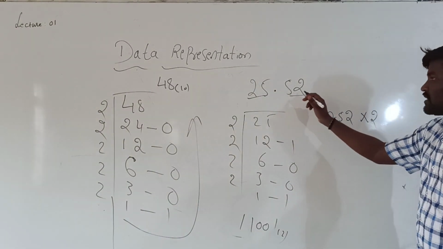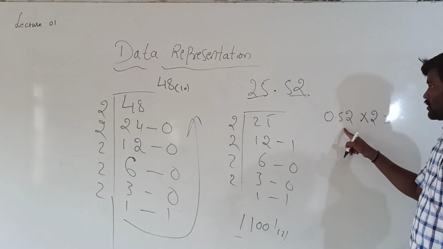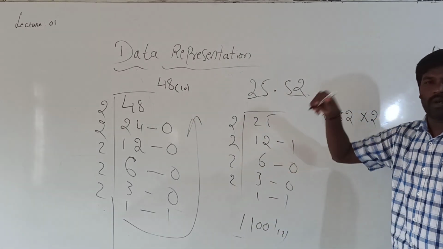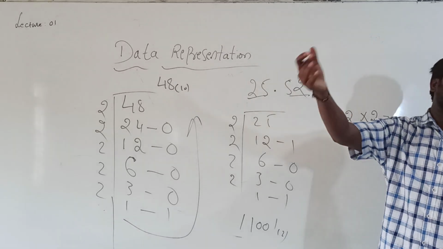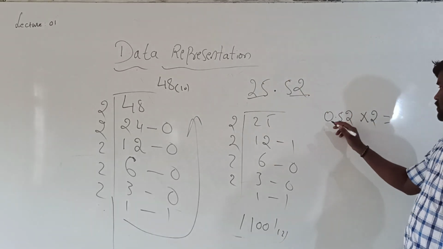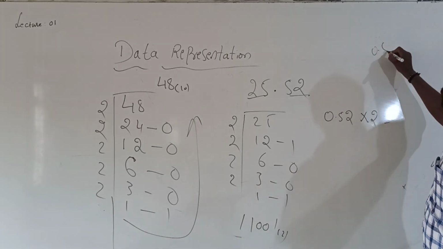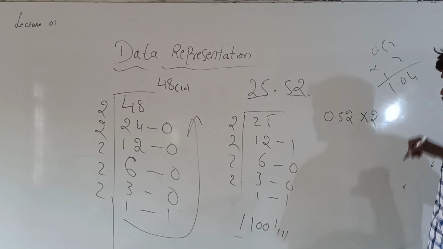Why do we write 0.52? Already the 25 answer is there, so now you have to calculate only the 0.52. This 0.52 can be converted into binary form. So 0.52 into 2: 2 2s are 4, 2 5s are 10, that is 1.04.